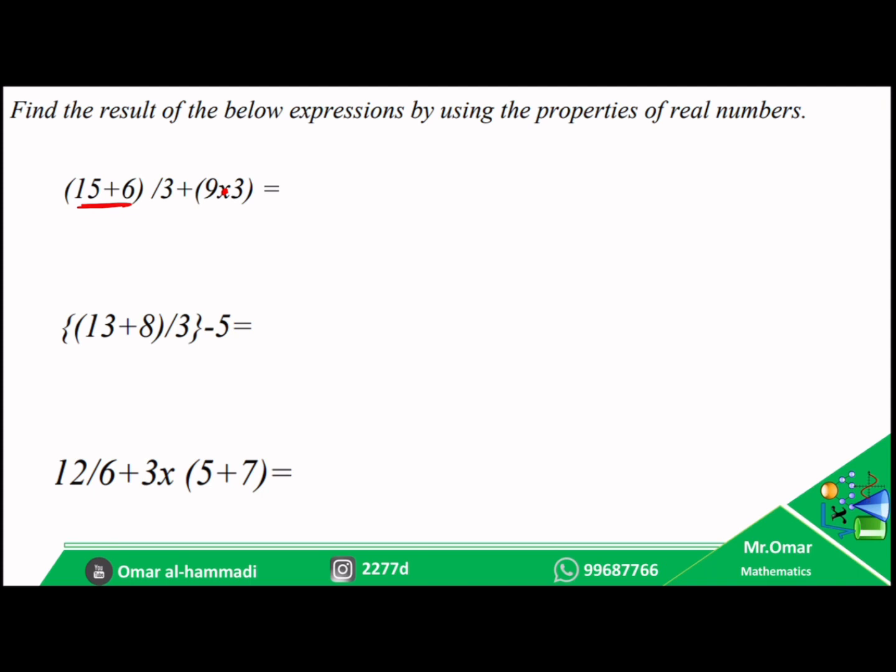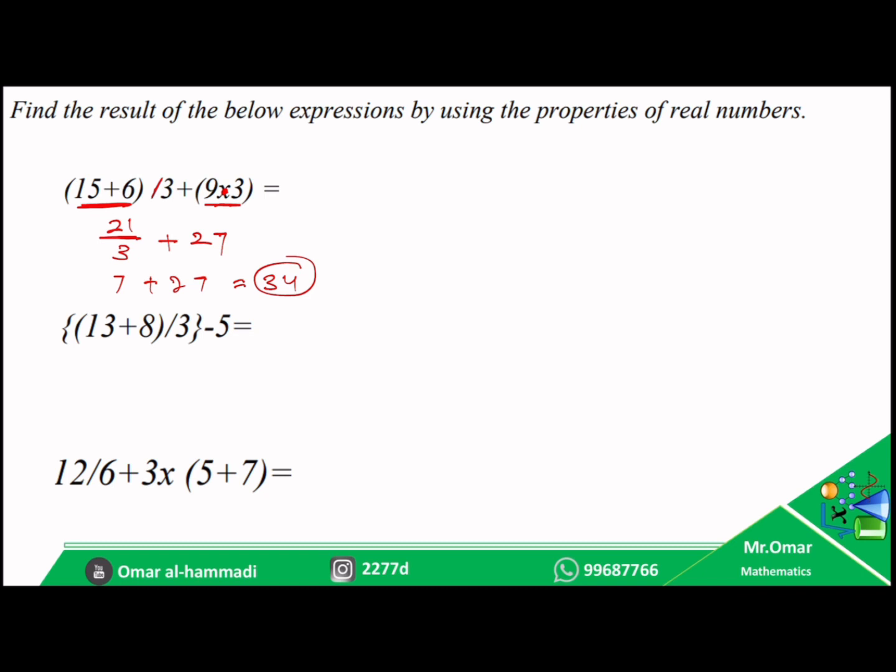It will give us 21. And this is the sign of divided. Divided by 3 plus 9 multiplied by 3, which is 27. Now 21 divided by 3 is 7. So this will give us 7 plus 27. It will be 34. Great.